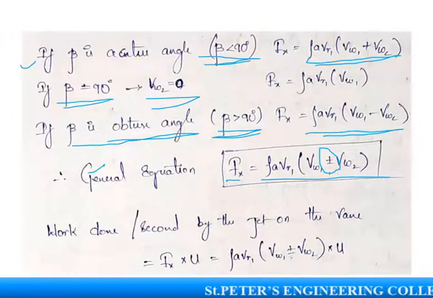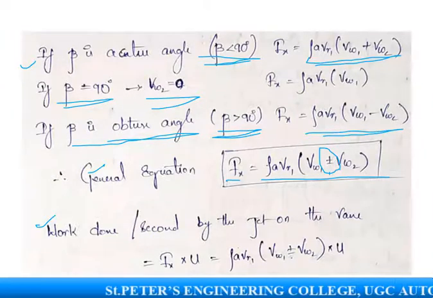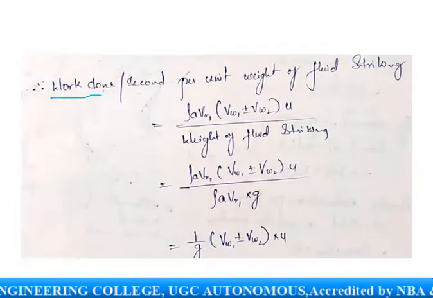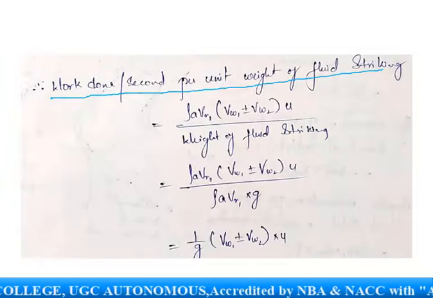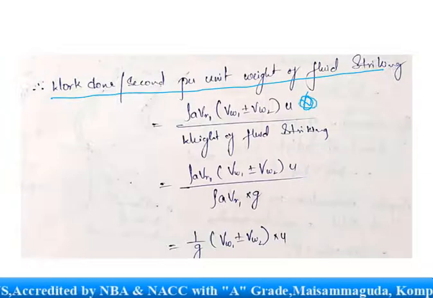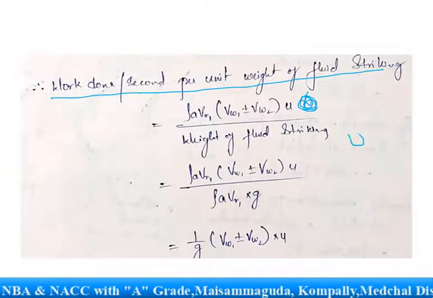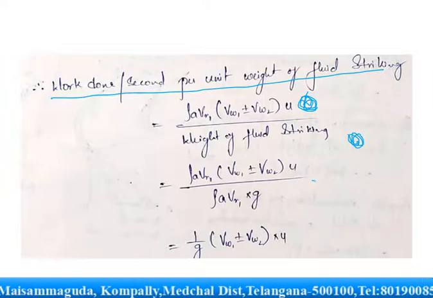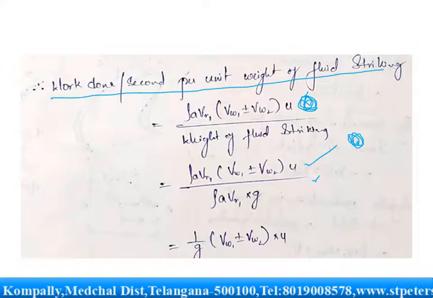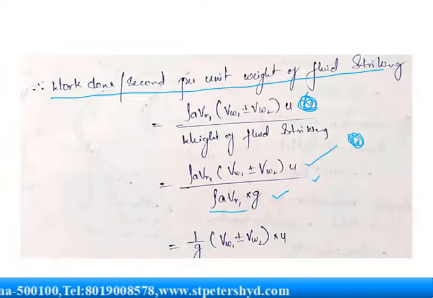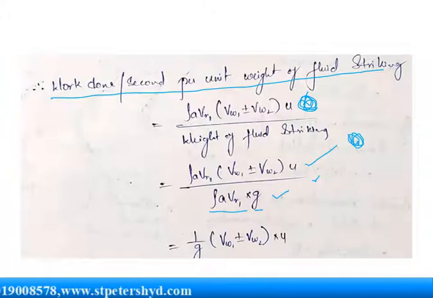Okay, and now the work done per second by the jet on the vane is equal to force into velocity. If you consider this work done per second per unit weight of fluid striking, then this will be the work done per second, and this will be the weight of the fluid, which is mass into gravity, W equals mg.